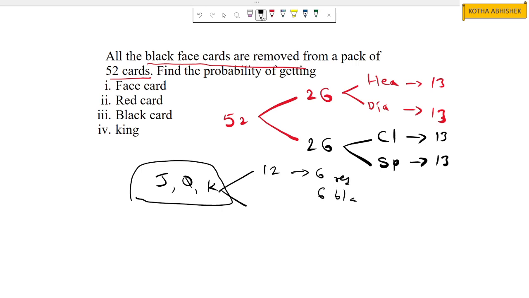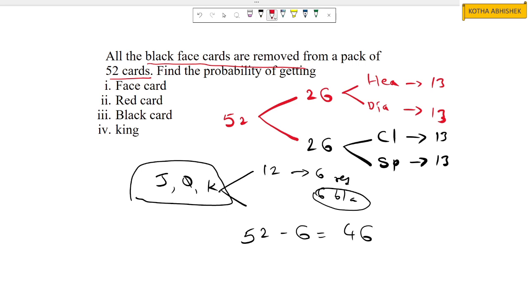He removed the black face cards completely, which means 6 cards. 52 minus 6 is 46, so the total number of cards is 46. Now the first question is to find the probability of getting a face card.